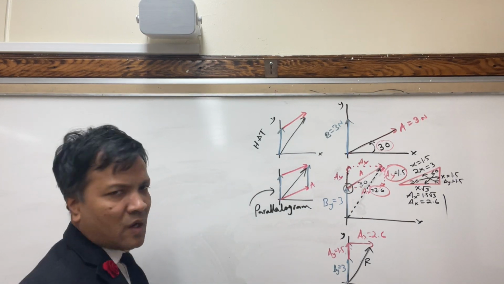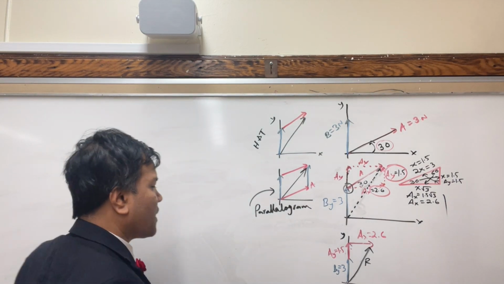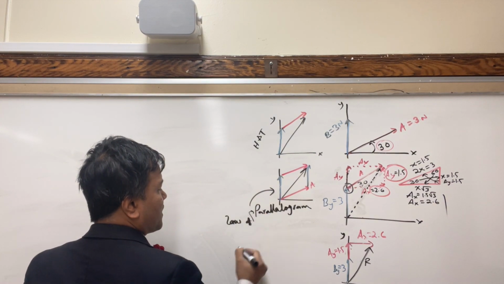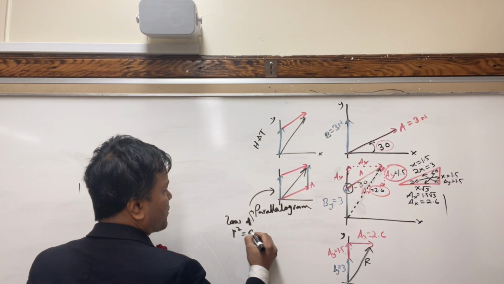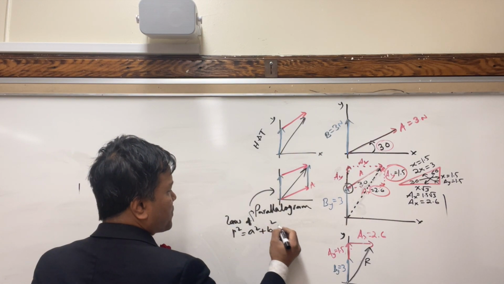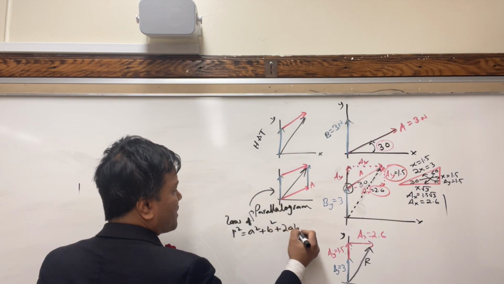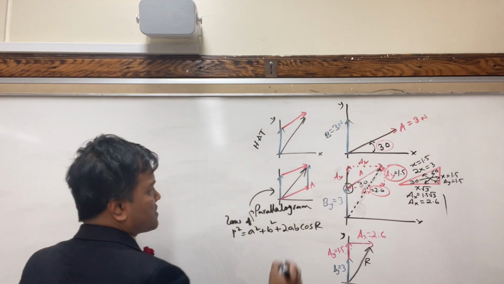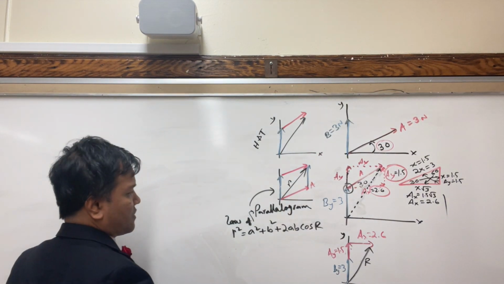And now we're going to solve this problem by the law of parallelogram. So the law of parallelogram would be r squared is equal to a squared plus b squared plus 2ab cosine theta. So this is the r, that's what we are looking for.